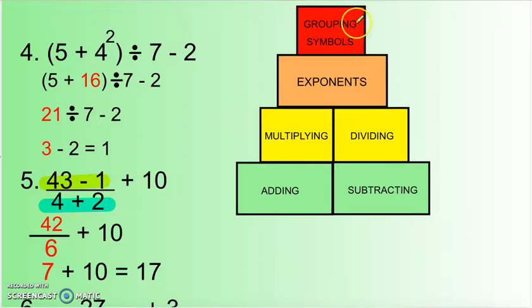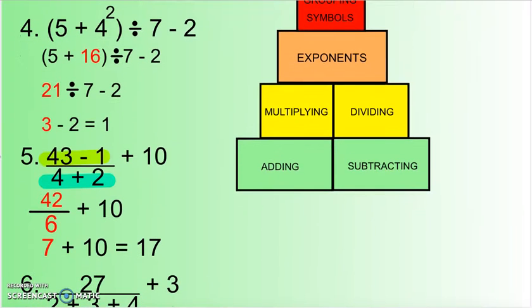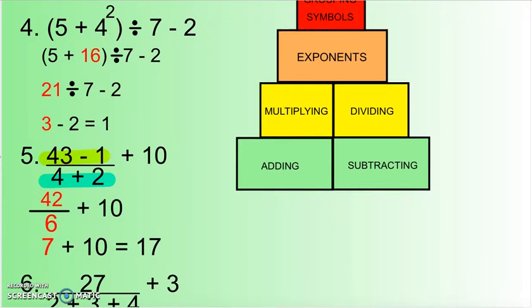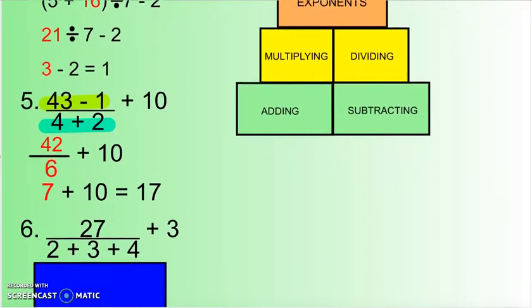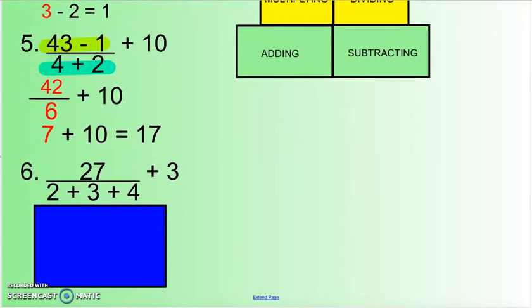Then I can actually go through this. Grouping symbols, no. Exponents, no. Multiplying or dividing, yes. This symbol right here is division. So 42 divided by 6 is 7. And then the last step is adding or subtracting. I'm going to add 10. So 7 plus 10 is 17. Nice job. That was a tough one.